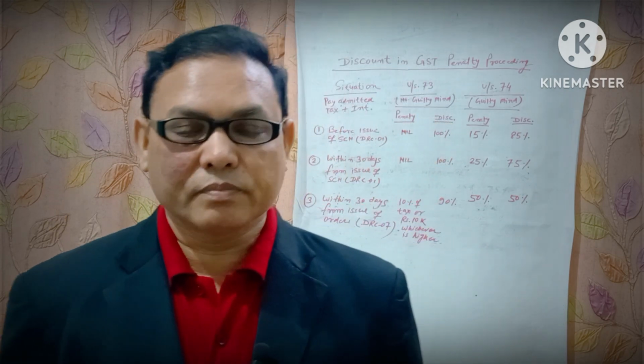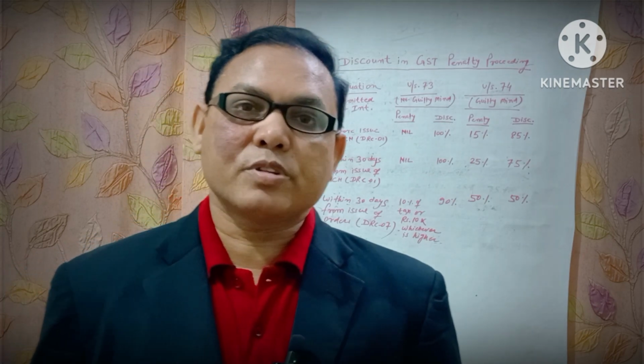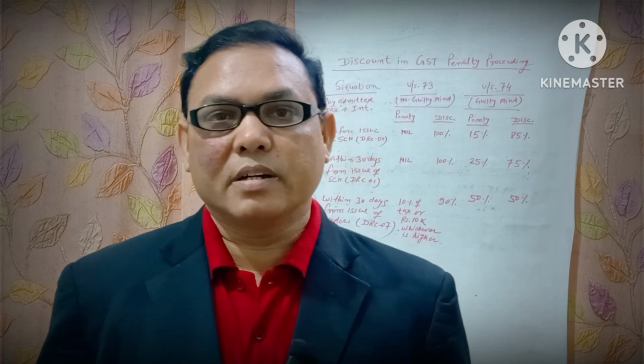in a chapter in the GST Act, that is the Demand and Recovery chapter, that is section 73 and section 74. Whenever you read the Act, section 73 deals with penalty proceedings and other related aspects where the taxpayer is not of guilty mind.